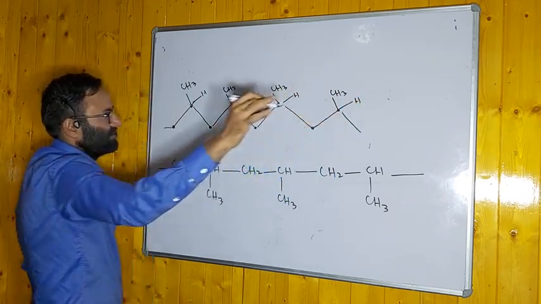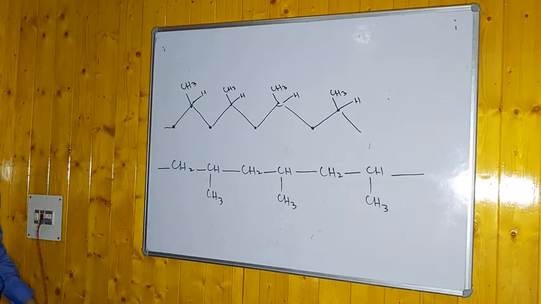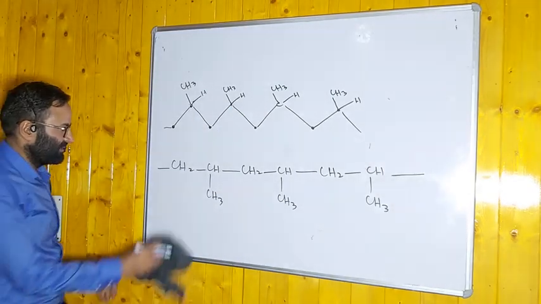This is polypropylene. You can draw it in a zigzag manner, in a bond line notation.